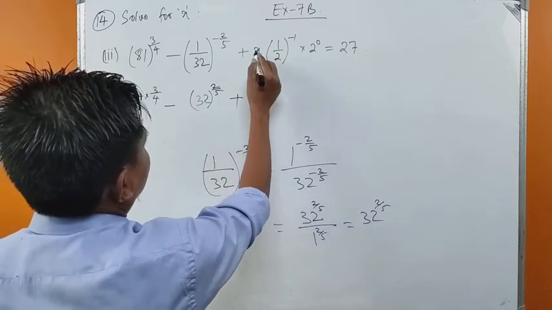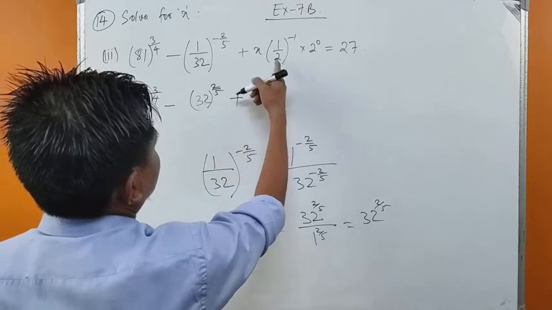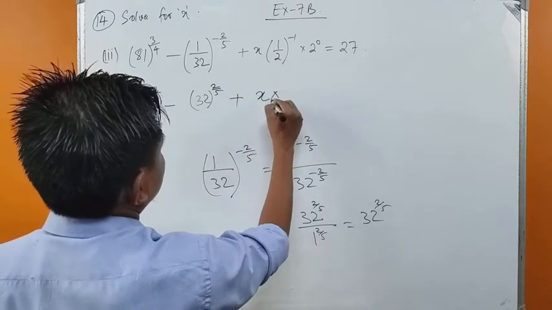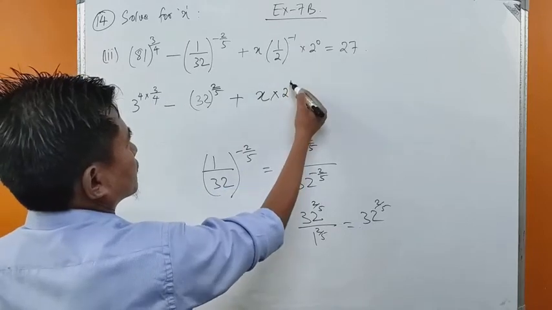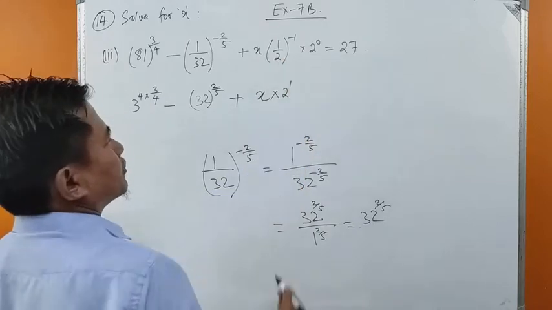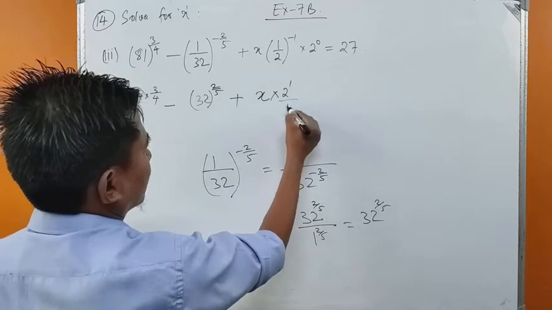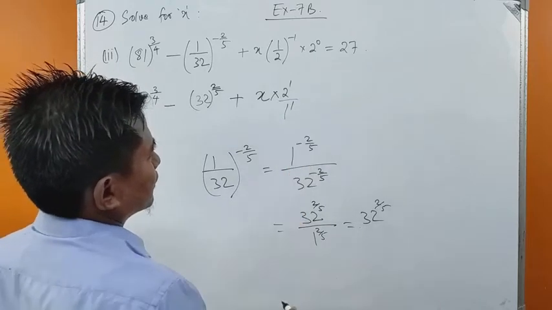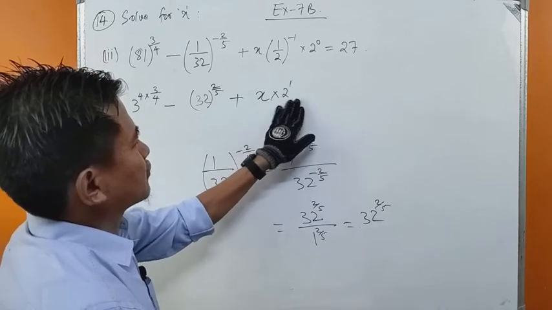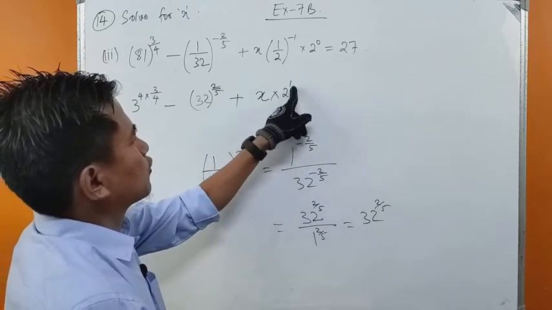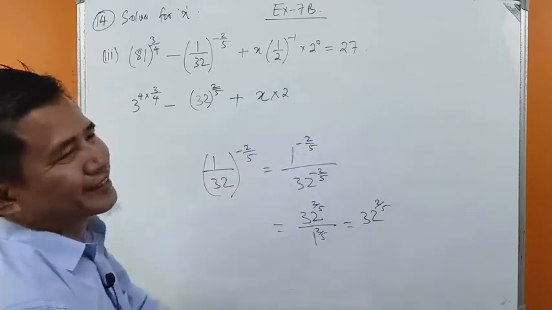Plus x, the same thing applies here, into 2 to the power 1 minus 1 becomes plus 1 if I bring this 2 to the numerator. So 1 upon 1, 1 to the power 1, means 1. So we need not write 1 because there is always 1 in the denominator. So 2 to the power 1 means 2, and we need not write the power here.